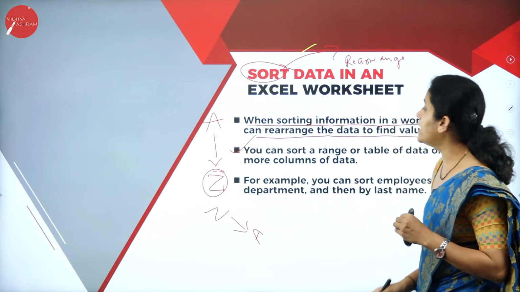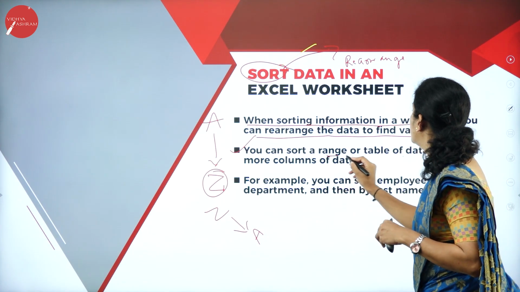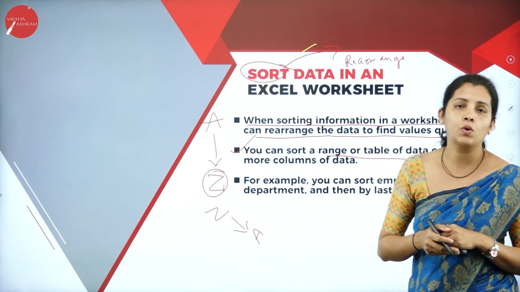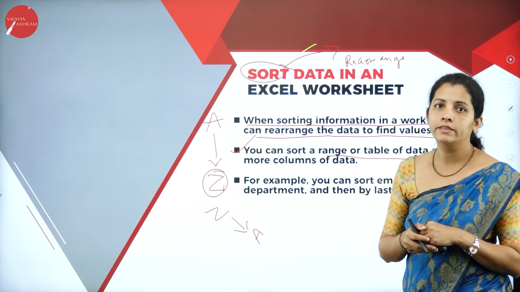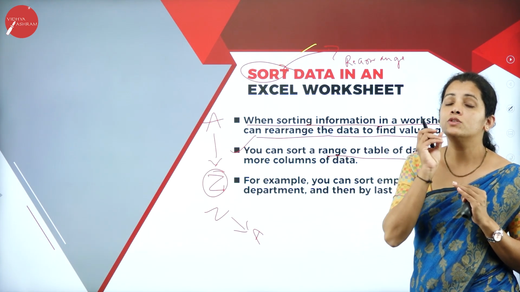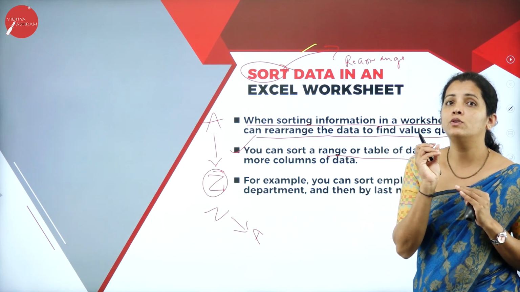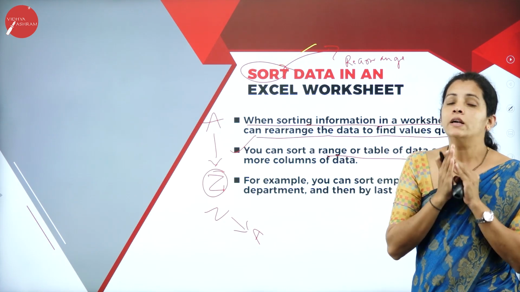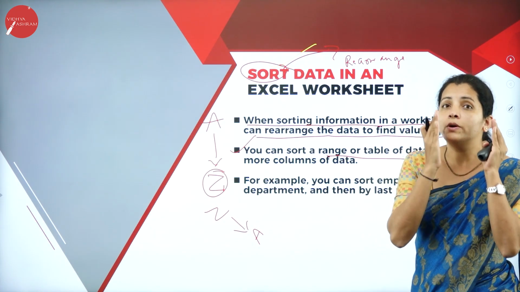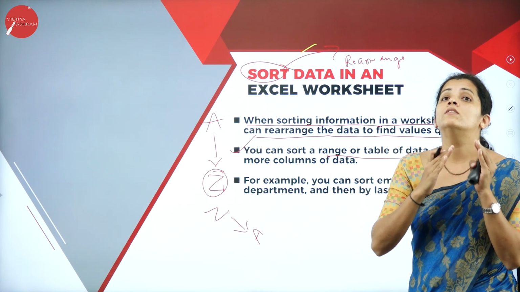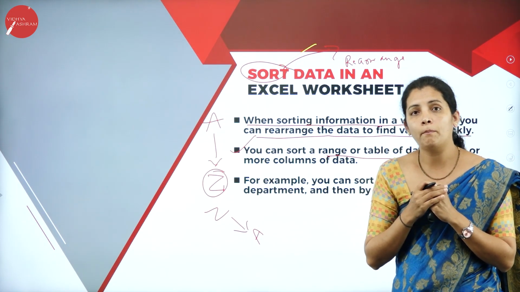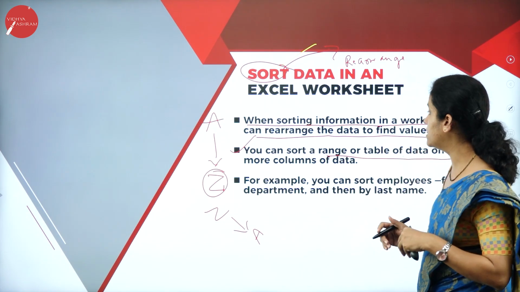Then you can sort a range or table of data on one or more columns of data. That means by using the sort option, you can sort the data. You can consider one table or a particular column or a particular field, or you can consider multiple columns together.